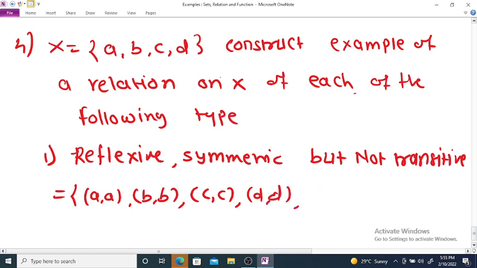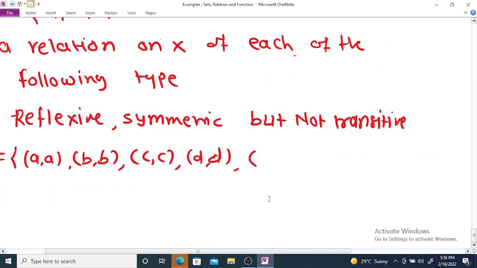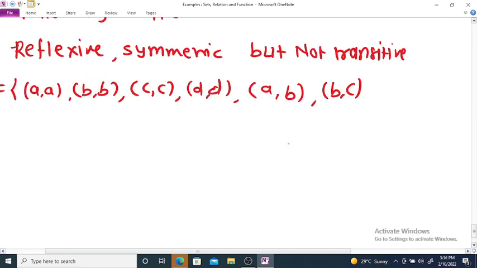Now since we want it to be reflexive and symmetric as well, if we consider AB and BC, then AB, BA, BC and CB.